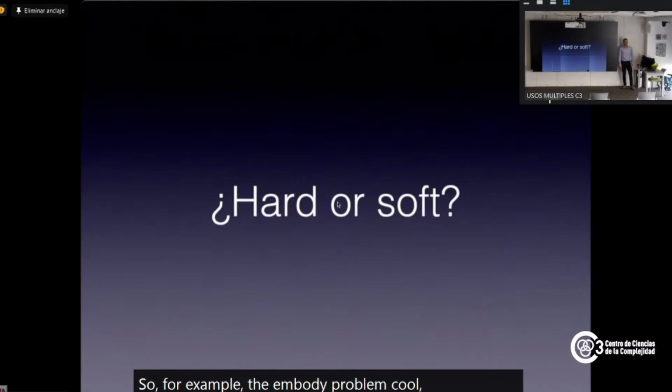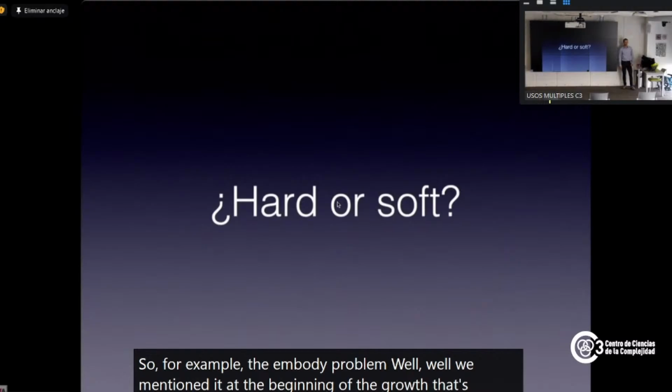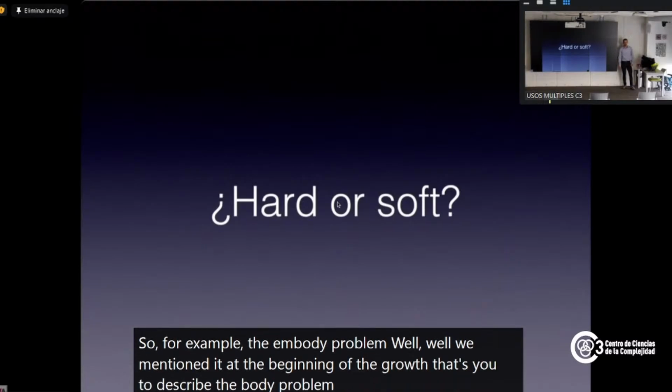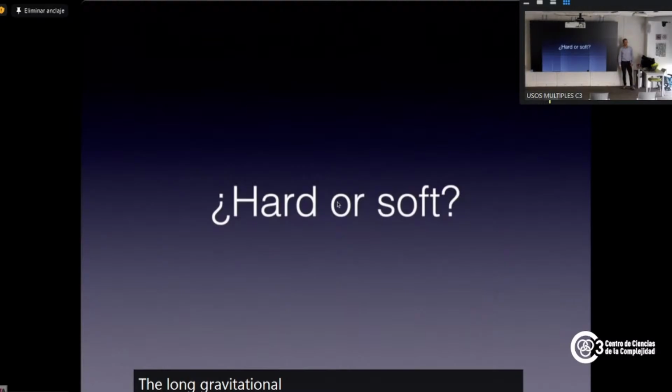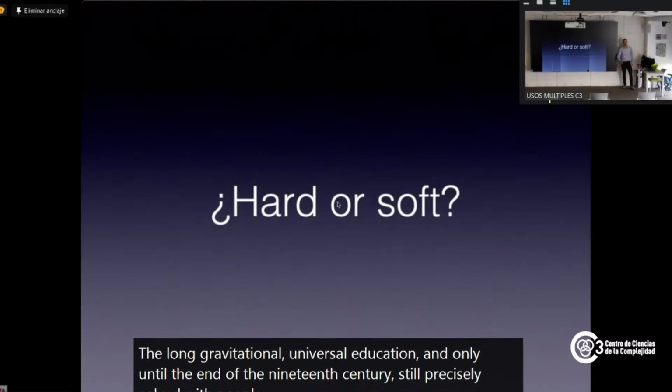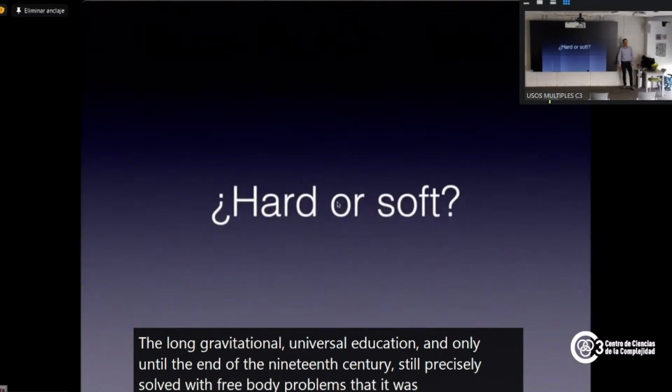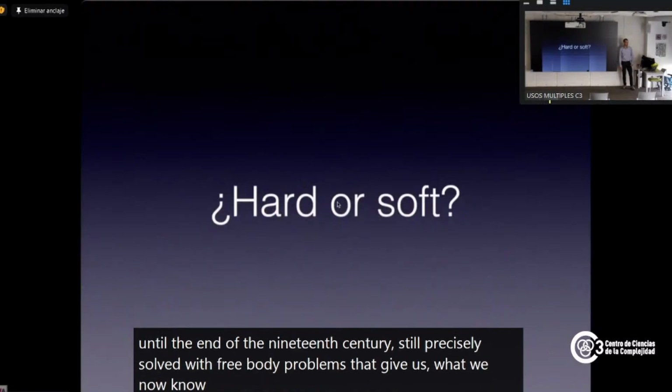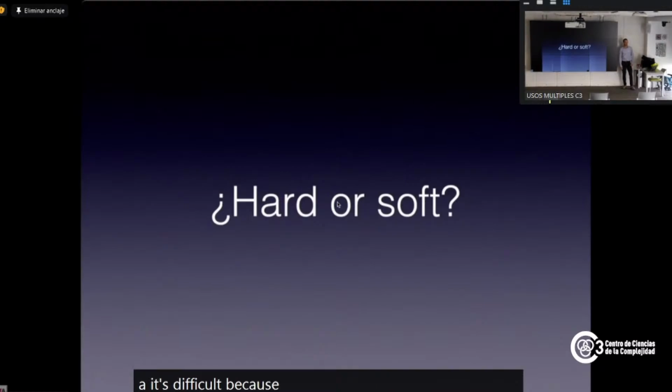We mentioned at the beginning of the course that Newton described the two-body problem, the universal law of gravitation, and only at the end of the 19th century did Poincaré, not precisely solve the three-body problem, but show that it was what we now know as chaotic. It's difficult to predict because of its chaotic nature, with just three bodies.